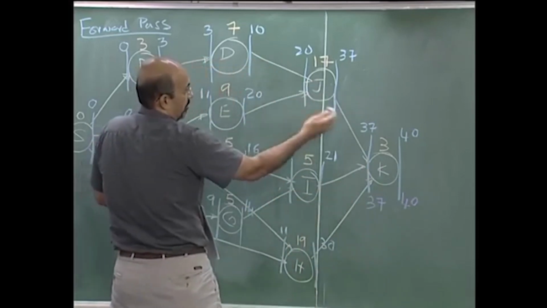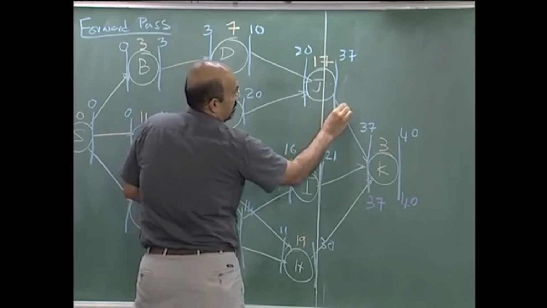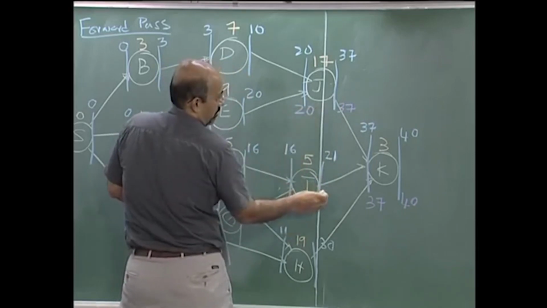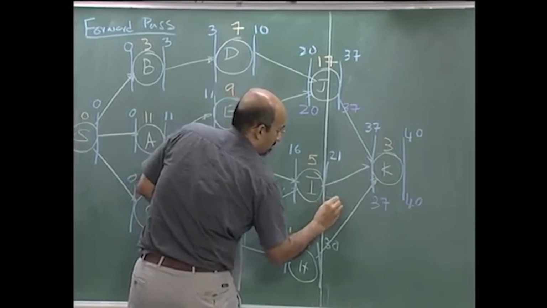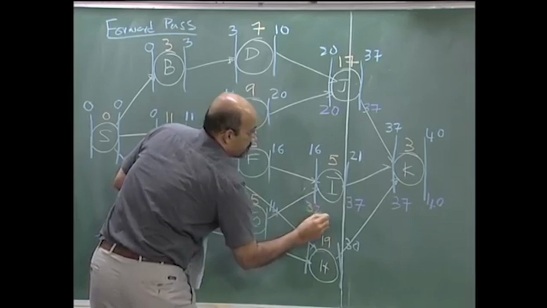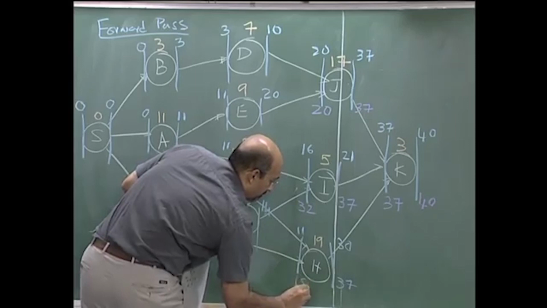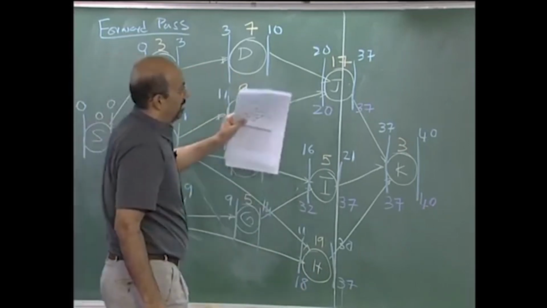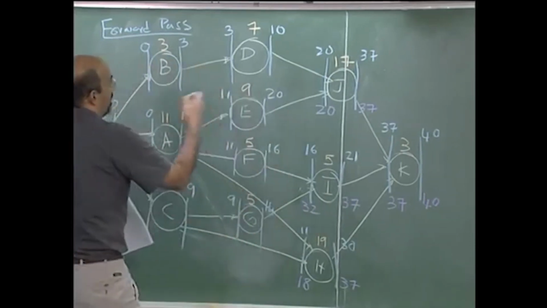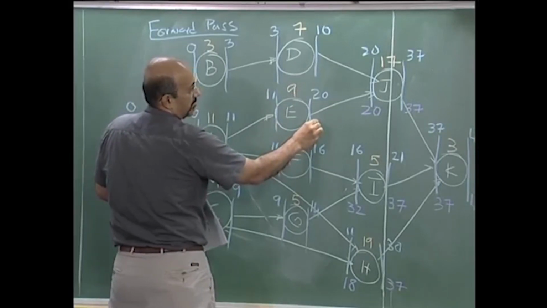Now we need to go back: when is the latest J can finish? 37. 37 minus 5, that will be 32, and again 37, and 20. So this is the latest finish, latest start.